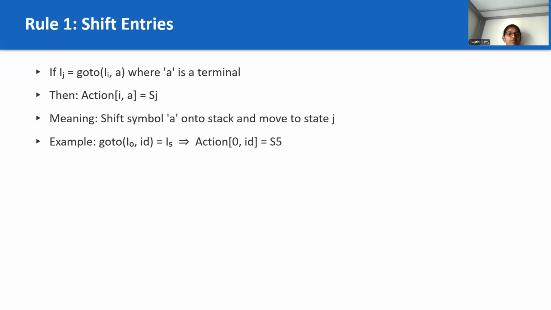That is the key point here, meaning shift symbol a onto the stack and move to the state j. Example, goto(I0, id) = I5. We'll write this in the parsing table such as action of 0th row, comma, id column will become S5. I0 will refer to the row number and id will refer to the column.